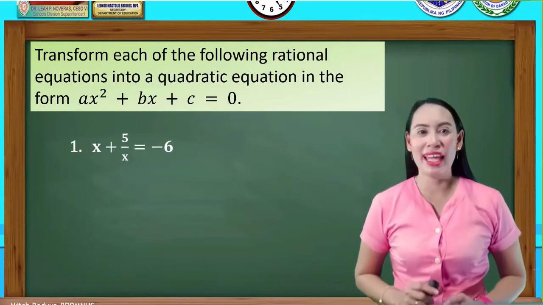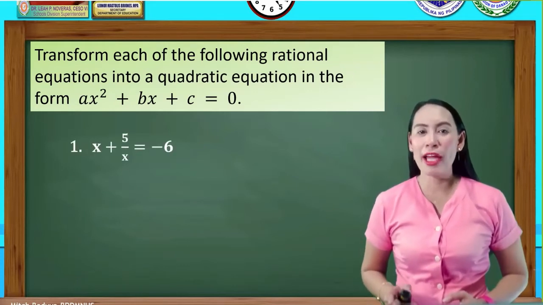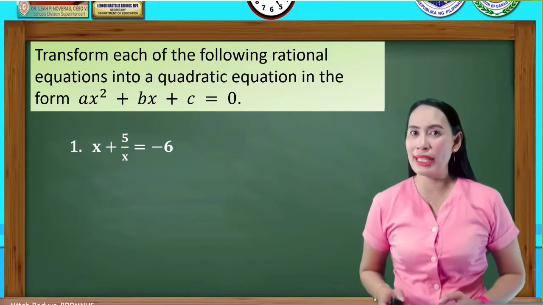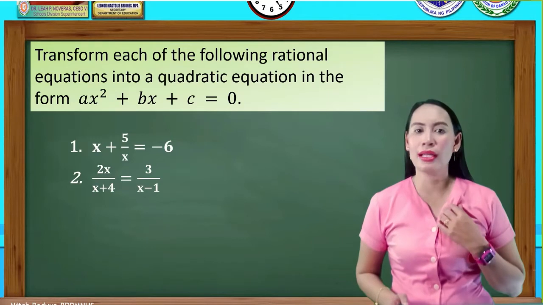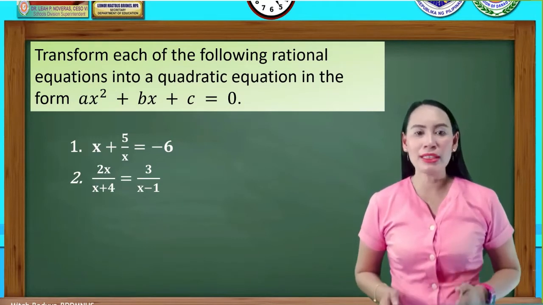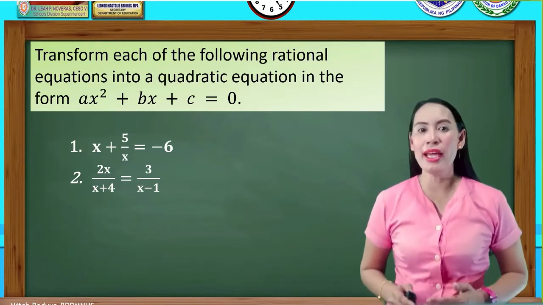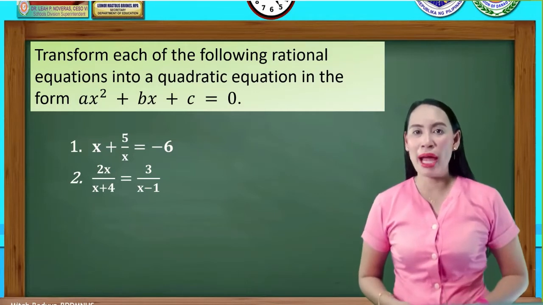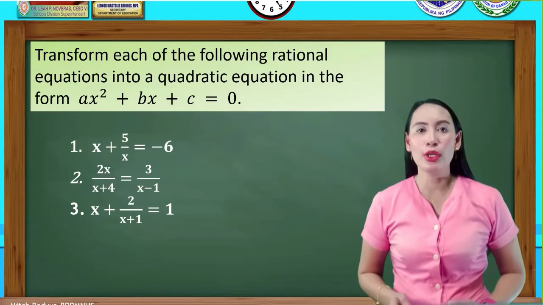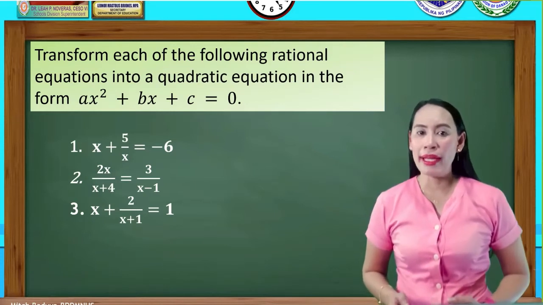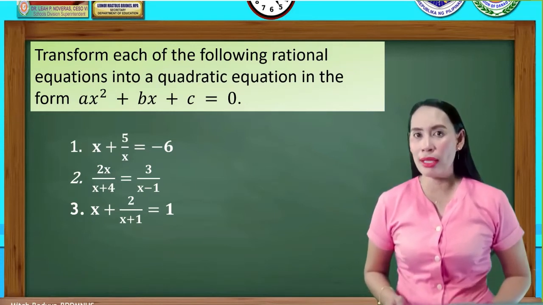Number 1, (x plus 5) over x equals negative 6. Number 2, 2x over (x plus 4) equals 3 over (x minus 1). Number 3, (x plus 2) over (x plus 1) equals 1.